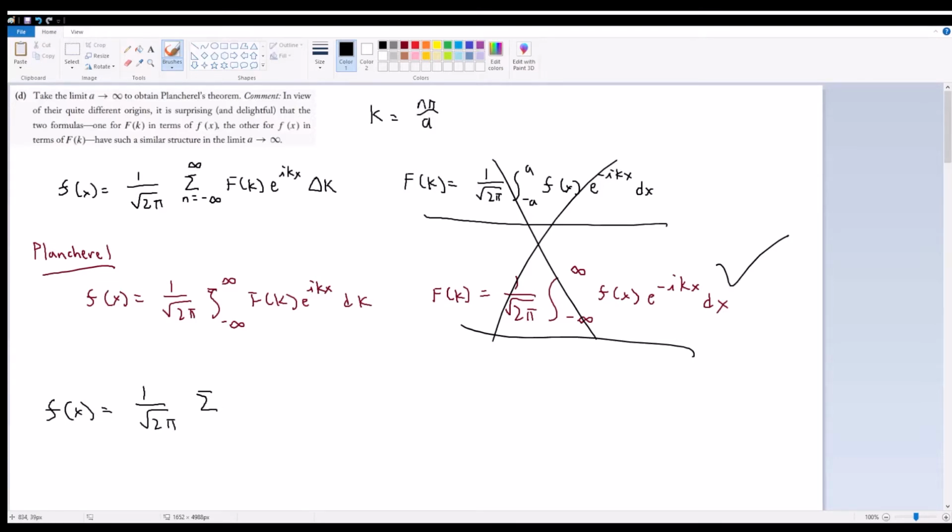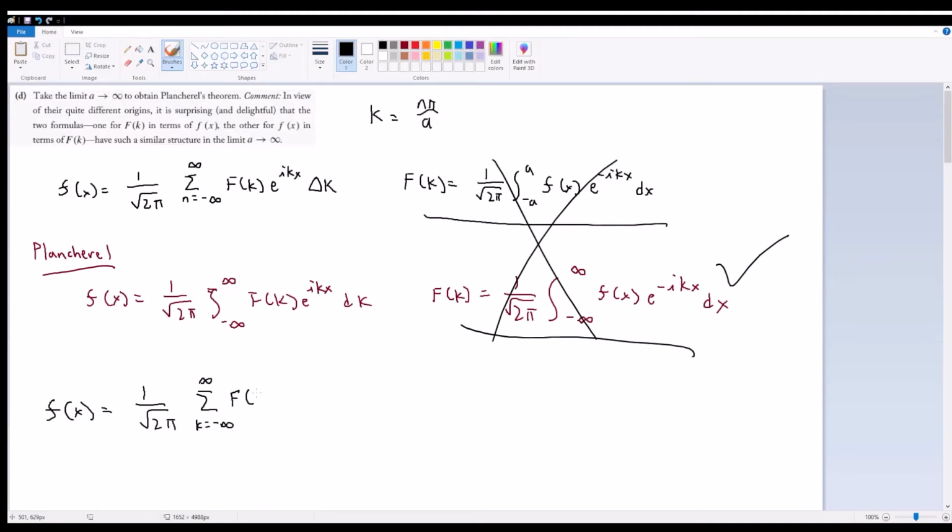So if n goes to infinity, or if n goes to negative infinity, k also has to follow suit. So k equals negative infinity to infinity is a valid substitution for this. Note that technically if a actually equals infinity, then k goes to pi and negative pi respectively, but a isn't infinity right now. A is still just an arbitrary constant that's equal to the width of whatever our function is. I haven't done the limit yet, so this is a valid substitution.